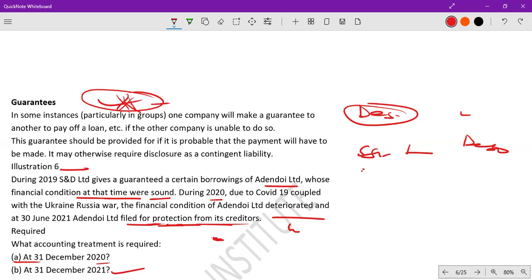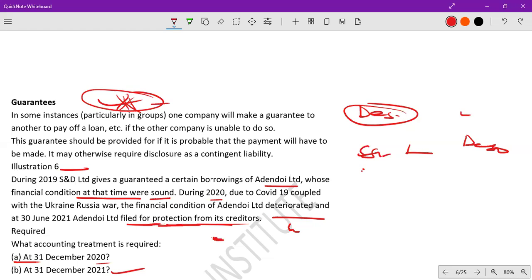But in a situation where a question of this nature is given and there's no amount there, you say that a provision should be made of its best estimate, the likely amount.